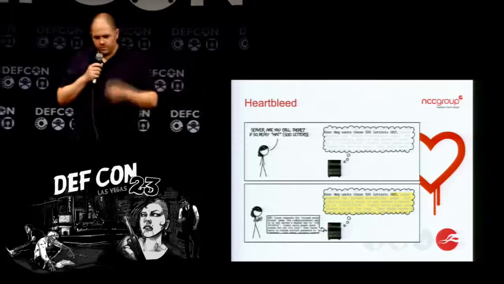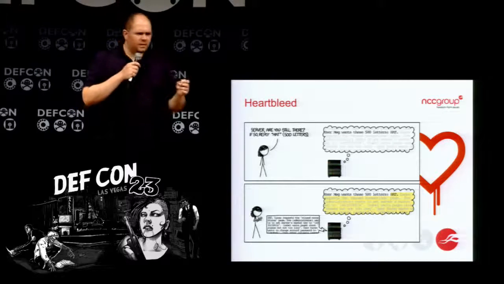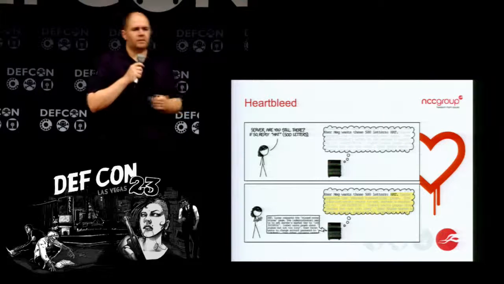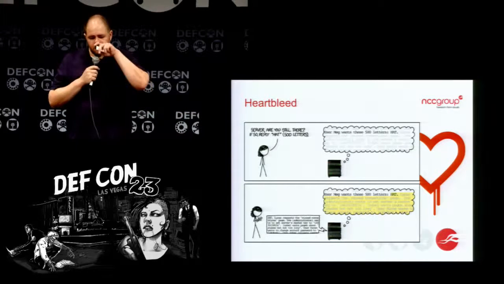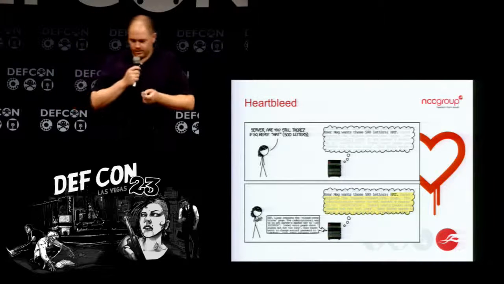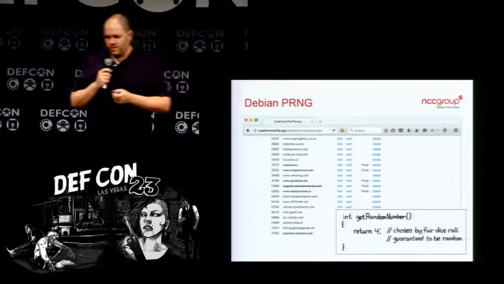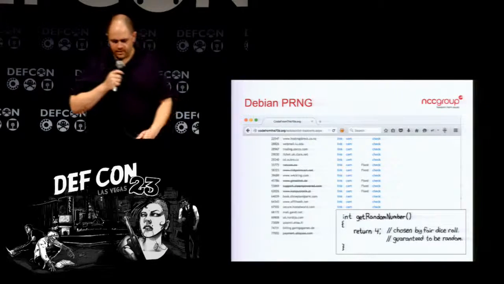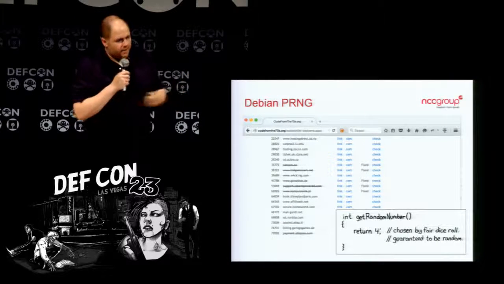Certificates that were leaked using the Heartbleed vulnerability. Maybe now it's too soon to use these certificates, but maybe in a few years when these certificates expire. And for example, one that I particularly like is the Debian pseudorandom generator bug. I mean, this is something that happened in 2008.